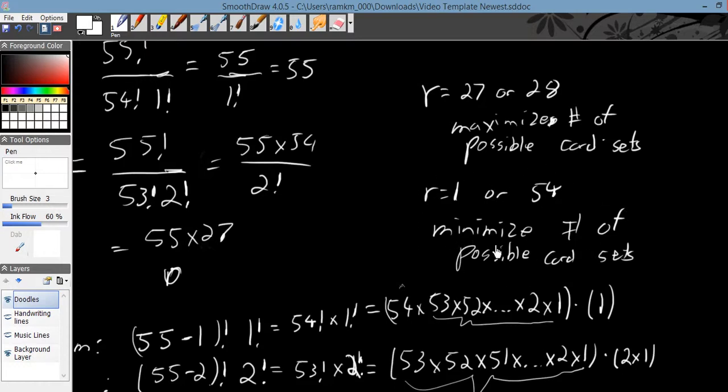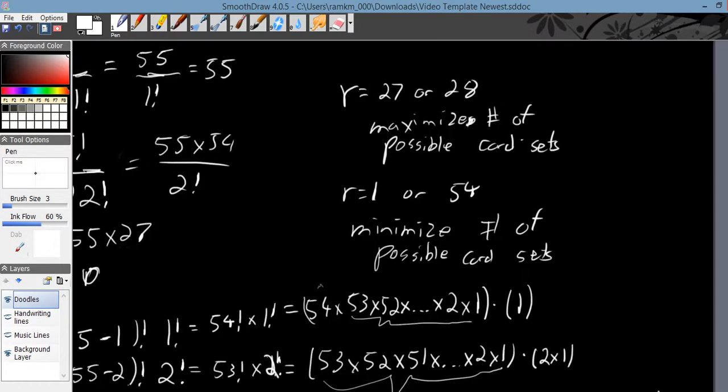So if you're asked to pick a set of 1 card or 54 cards, this will minimize it. Of course, if you're asked to pick 55 cards, there's really only one way to do that. So there are 54 ways to pick 1 or 54 cards out of a set of 55. And there are a whole lot more than 54 ways to pick 27 or 28 cards.